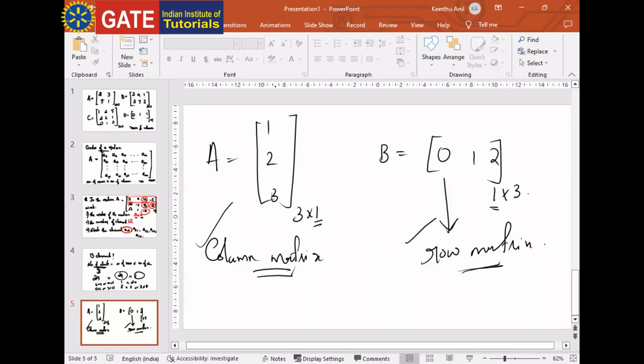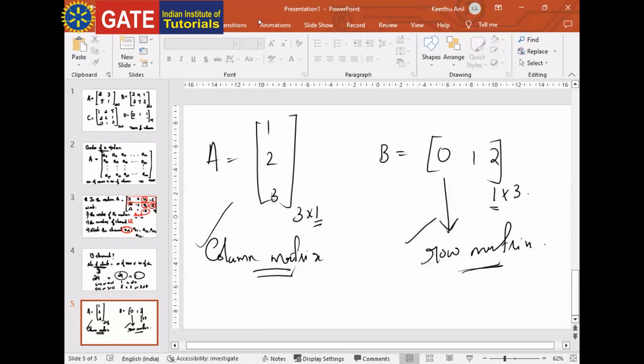Concept is clear, na? Okay. You can note it down. Wrote it? Clear, na? No doubts, right?